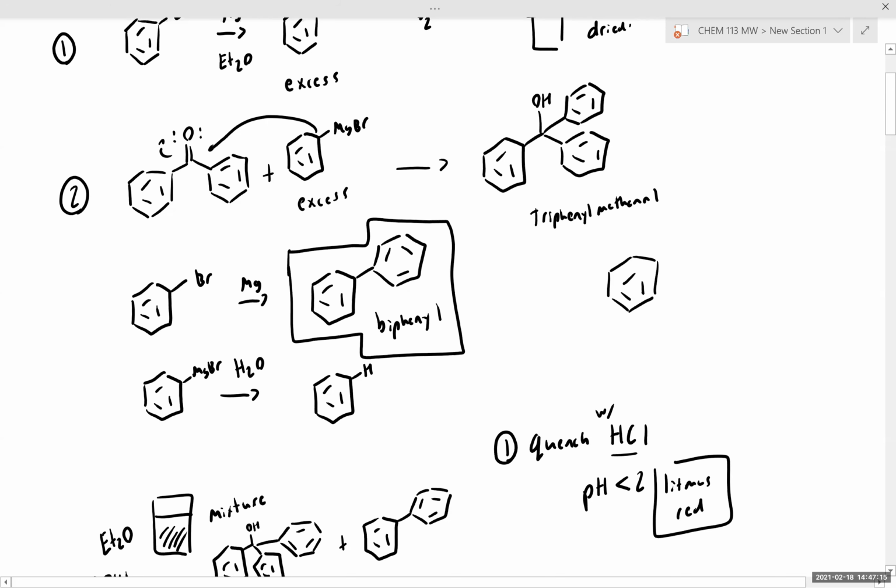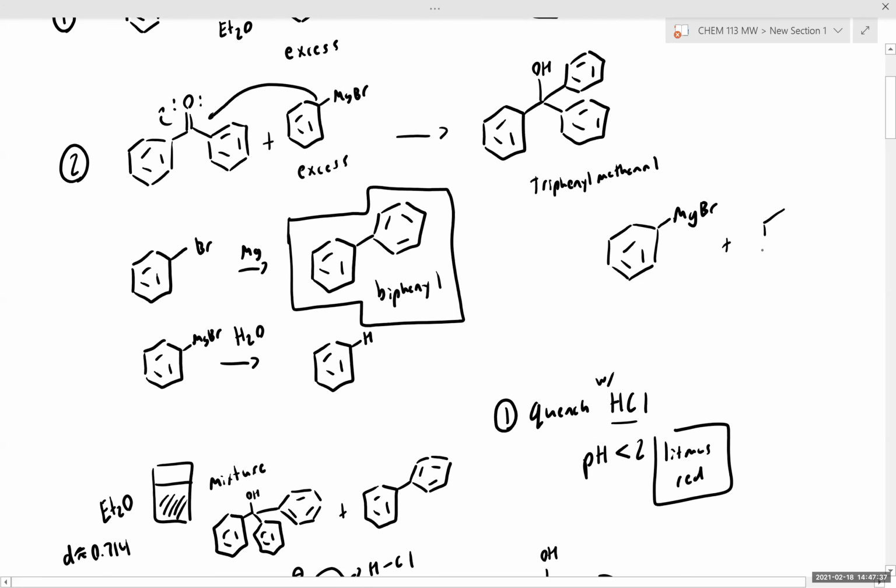During generation of your Grignard, the main issue for this homocoupling side product is that once you generate Grignard, if you have any of the bromobenzene floating around, the bromobenzene in our Grignard can react in order to generate this biphenyl.